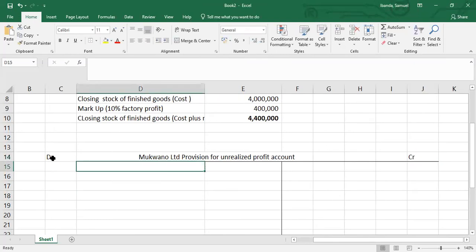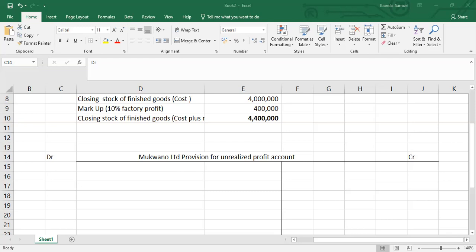Now, provisions have a normal credit balance.